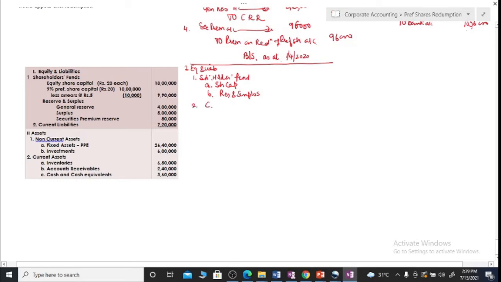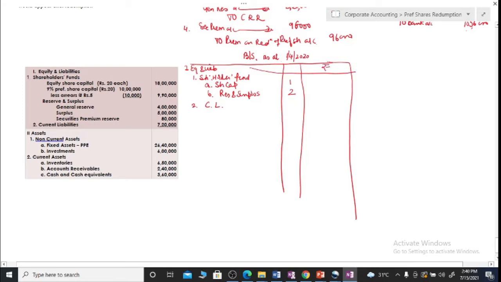Now second is current liabilities. Okay, so we'll just make the 2 columns here and we'll record. Now for the capital we'll be making notes, for reserve and surplus we'll be making notes, isn't it? And for the current liabilities, since there is no change here, so it can be reported as it is. There is no need to give a note. Then second component of this balance sheet is, after totaling up, assets.